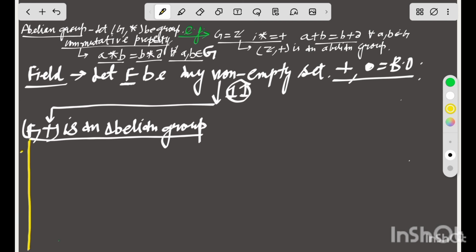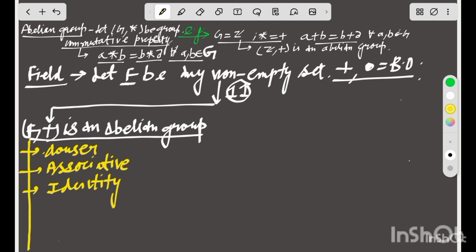What is the meaning? It means it satisfies 5 properties. First is the closure property. Second is associative. Third is identity. Fourth is inverse. And the fifth is commutative. What are these properties? We already studied them.